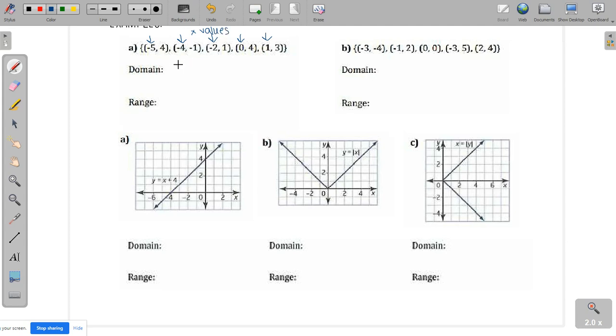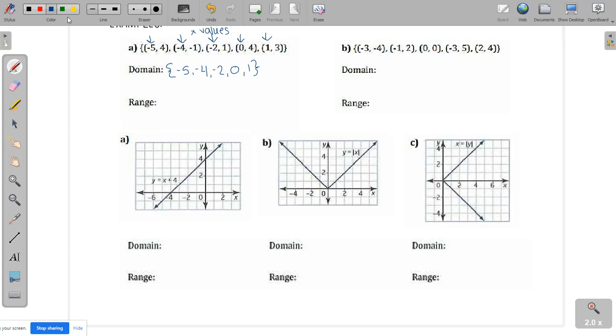So we need to write the domain with our x values, and we're going to put them from least to greatest. So -5, -4, -2, 0, and 1.